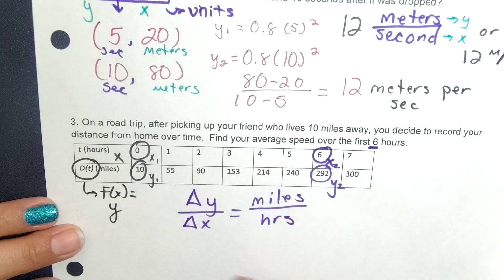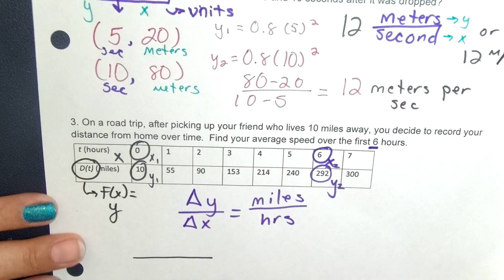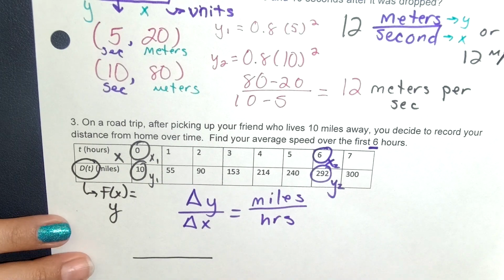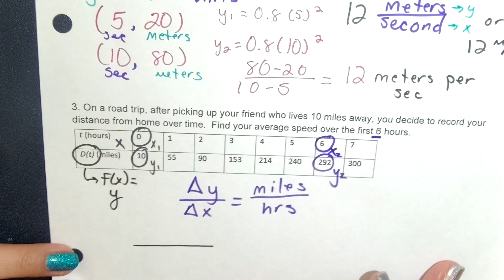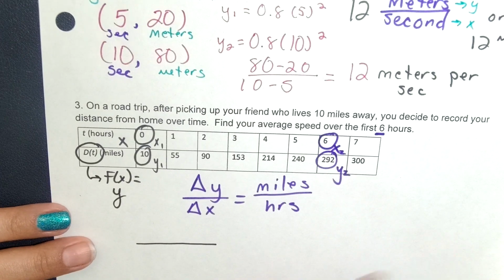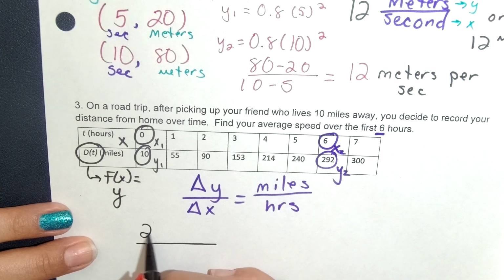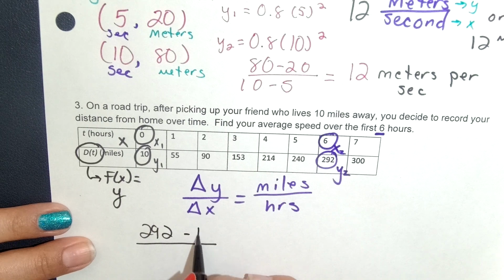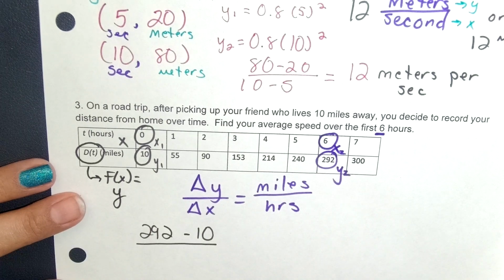All right, Diego, what should go in my numerator for slope? 292. Very good. 292 minus 10. Crystal, what should go in my denominator?